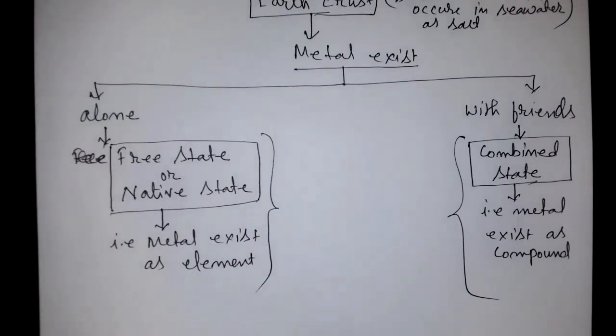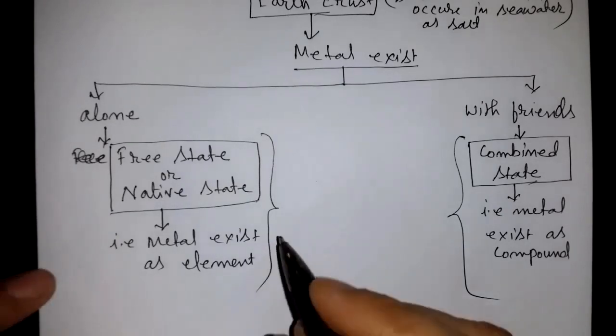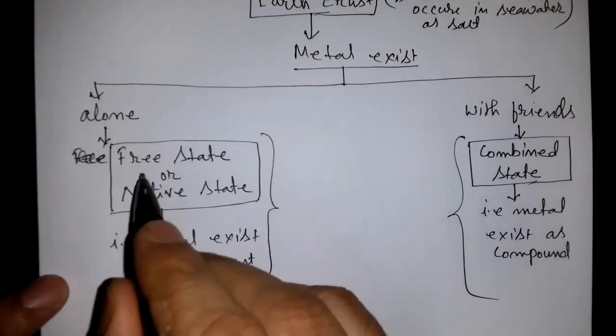If there's a confusion, you can recall it like this. Suppose a student is not talking with anyone, then he will not get friends. Not talking means that student is not reactive. The same style is used here. If the metal is not reactive, then it will not be able to get a friend, because to get a friend, the metal has to be reactive so that it undergoes reaction with other substance and becomes a compound.